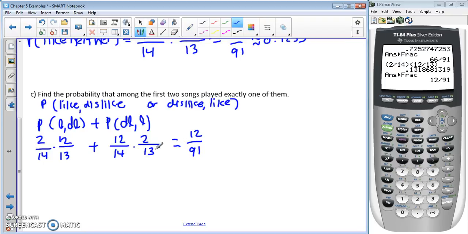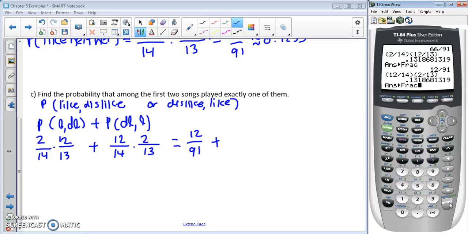Well, these are the same, right? I'm just switching the order of my numerators. So multiplication is going to work the same, but just to show you guys. So 12 divided by 14 times 2 divided by 13. Math, enter.